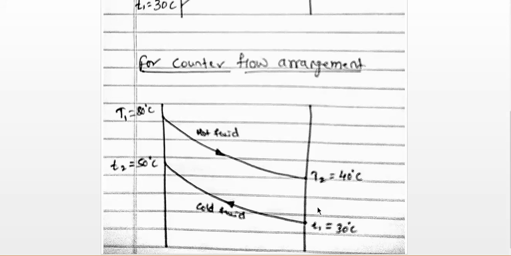Now you can observe here the temperature, small t1 is less than T2, so this case is possible. We have to adopt a counterflow heat exchanger arrangement for this problem. Why?